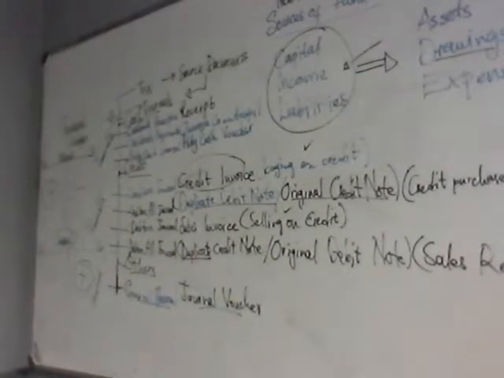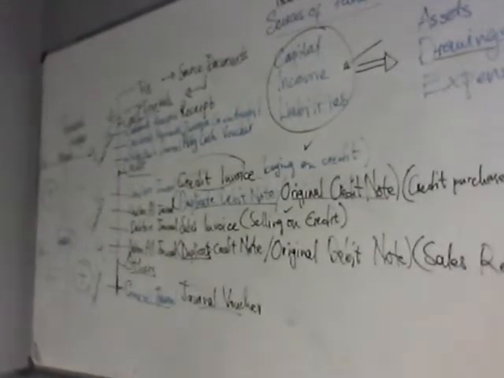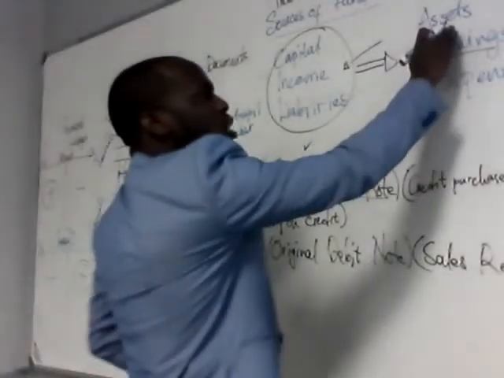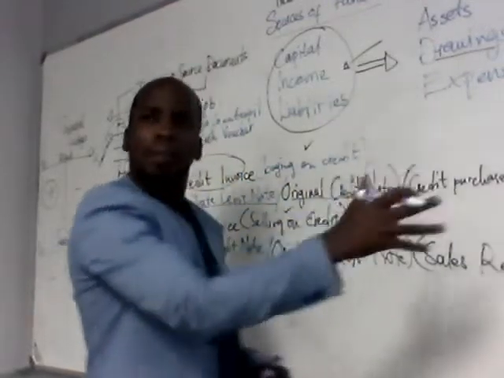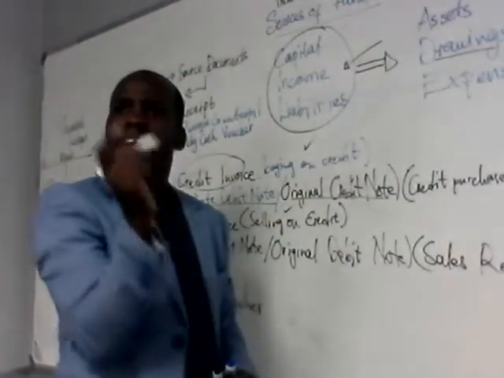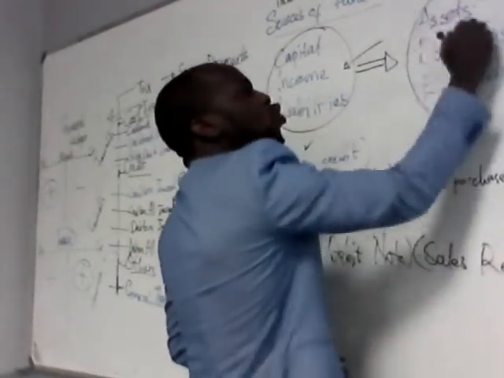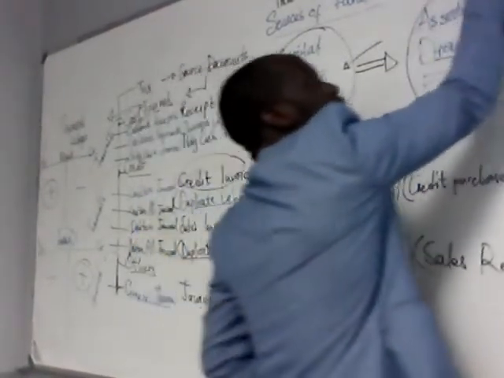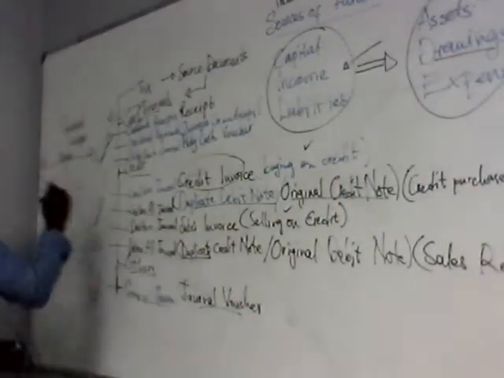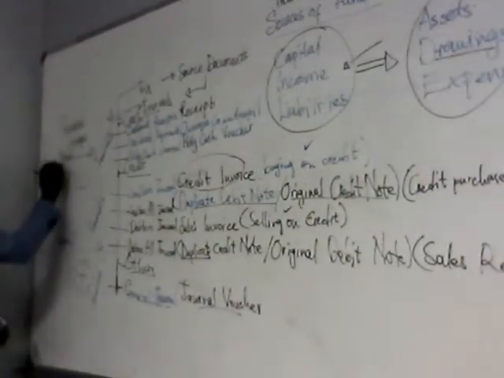Once we group them into assets, it was simple. They have similar characteristics. Grouping them into expenses, it was simple. They had similar characteristics. Now the decision that we make is that each and everything within assets, drawings, and expenses will increase on the debit side. Bank increases on the debit side because it is an asset.